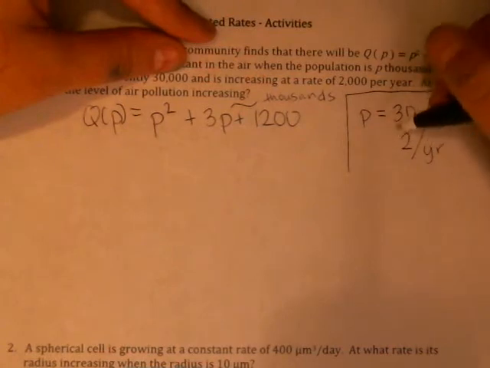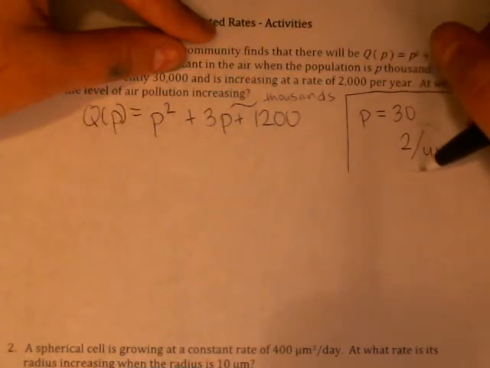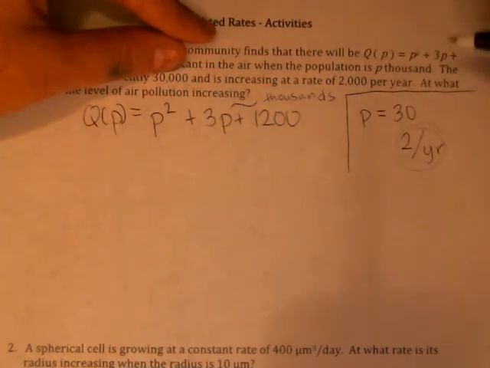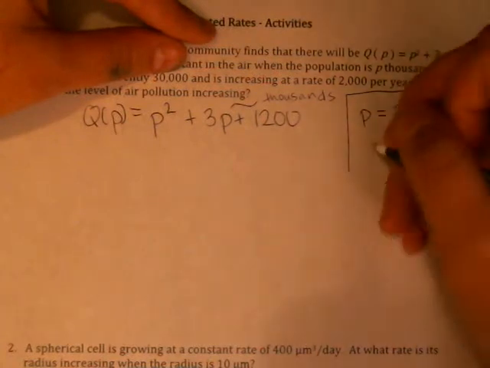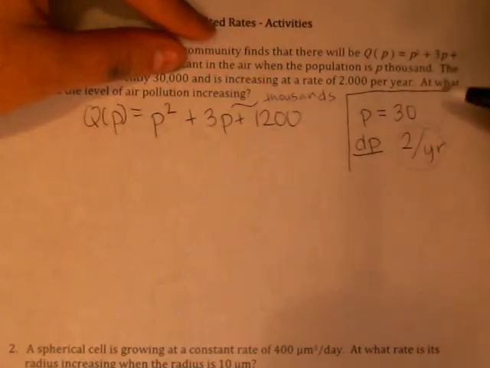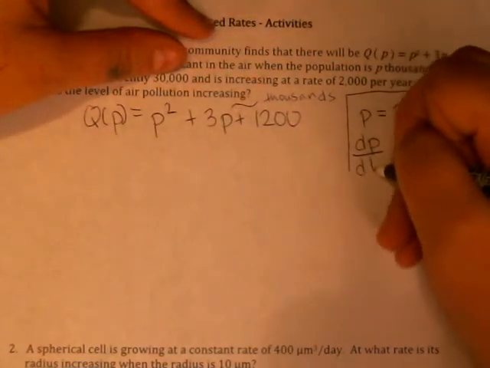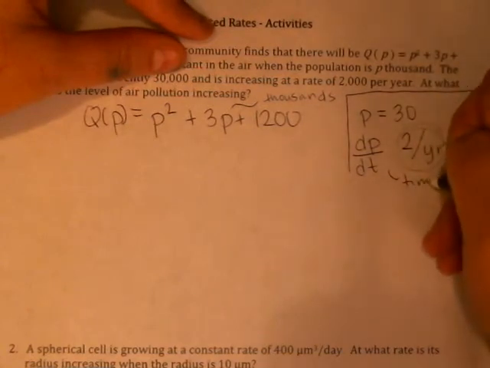Remember again, p is already in thousands, so I'm going to make that 2 per year. And I want to talk about what we're going to name this thing, because the naming is sometimes the most important. So this is telling us a rate of change of p. So this is a derivative of p. And this is with respect to a variable that actually doesn't show up here at all. It's with respect to time in years.